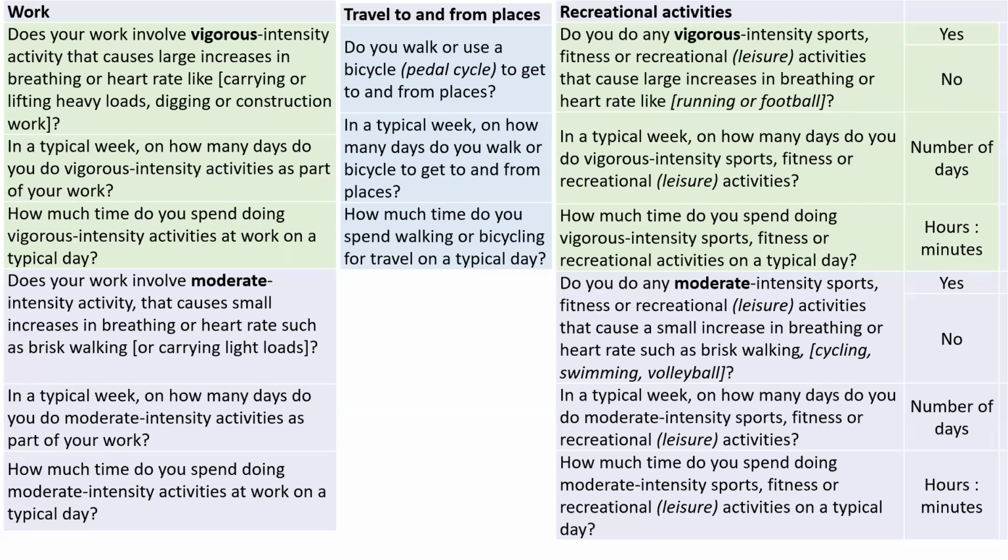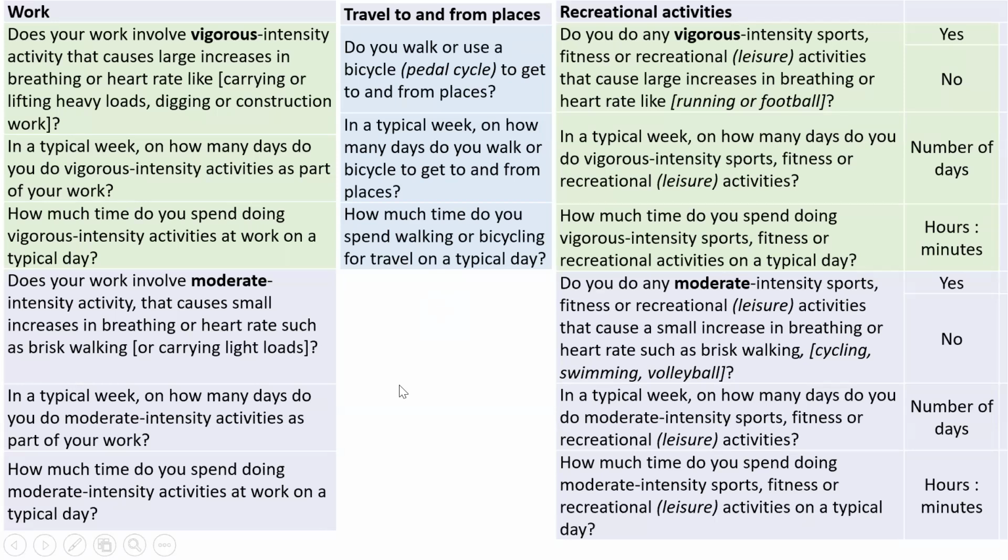They have a set of questions for vigorous intensity activity and the same set of questions for moderate activity. They are using these kinds of questions for all three categories. And then you can see the responses. The responses are either closed-ended, binary yes, no, or open-ended in terms of number of days and hours and minutes which have been specified.